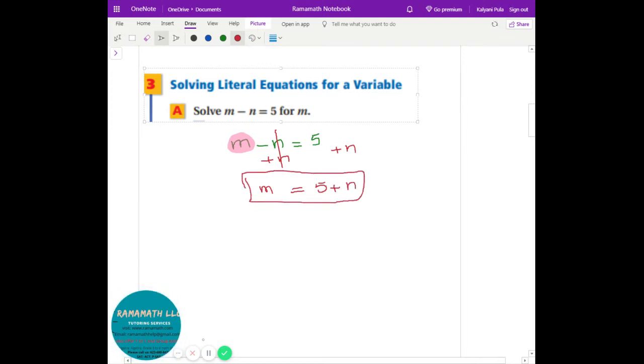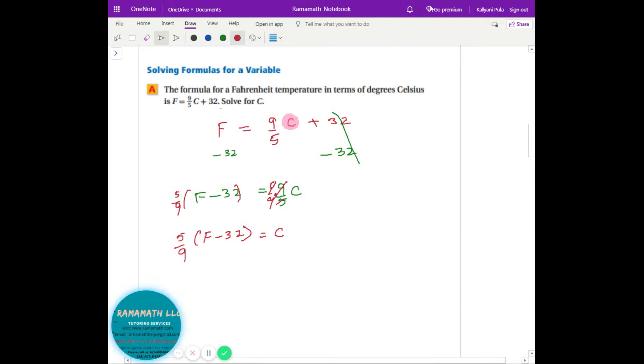Okay, so this question, they give it to you: F equals 9/5 C plus 32. So this is my variable, and then plus 32 is extra. I want to get rid of the plus 32. What do I do? Take away 32. When I subtract 32, I have to subtract it from the other side also. So that gives me F minus 32.